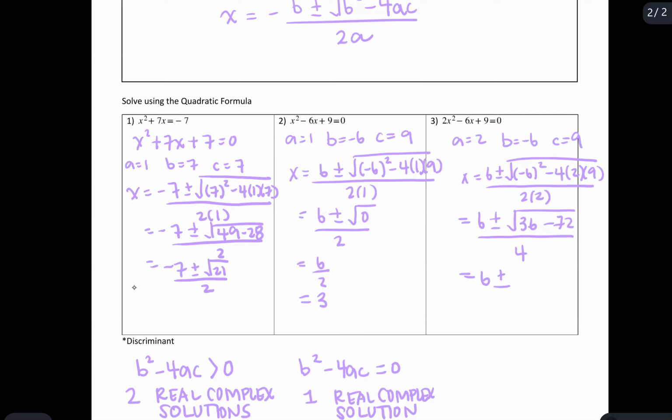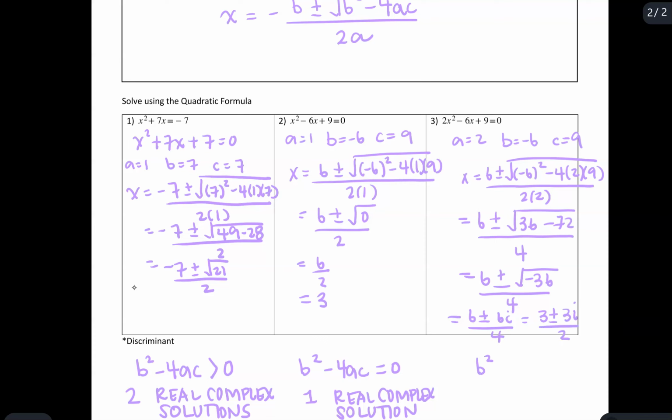So 36 minus 72 is negative 36. What's the square root of negative 36? It's 6i. If I simplify that, that would be 3 plus or minus 3i, all over 2.